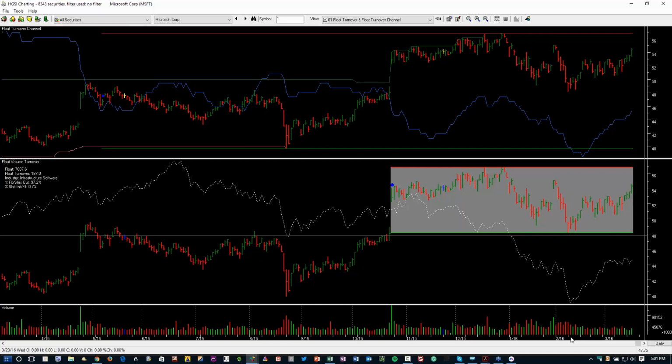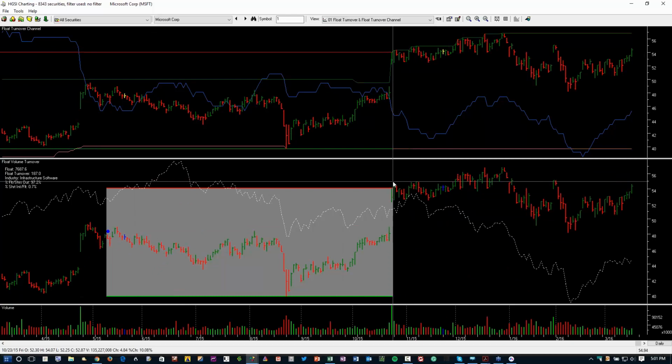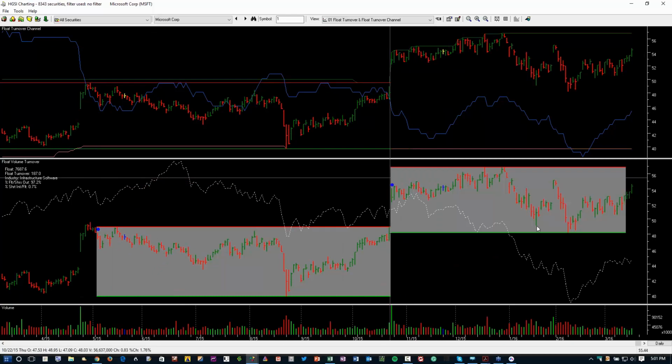Brad's got another question. The significance of the height is the range that the stock traded in during that turnover period. So a stock that had a wide range during that turnover period will be taller than a stock that traded in a very narrow base. It's a Darvas box kind of effect.